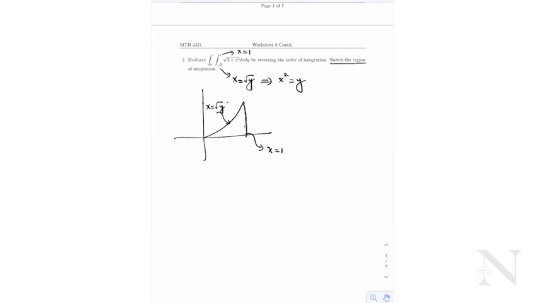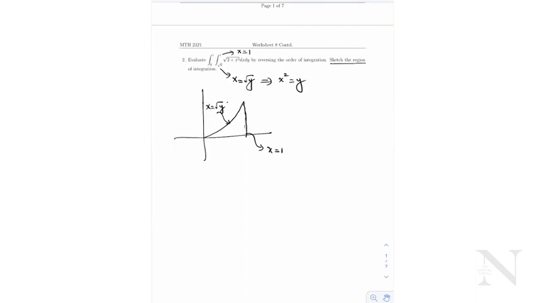If students make mistakes in this type of problem, they draw the wrong line and then they get into all kinds of trouble. So it's kind of a curved triangle, where the upper boundary is a parabolic curve instead of a straight line.